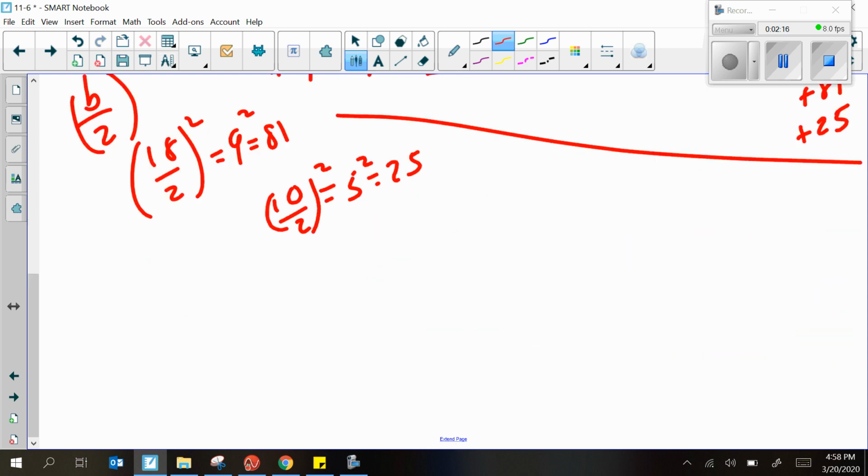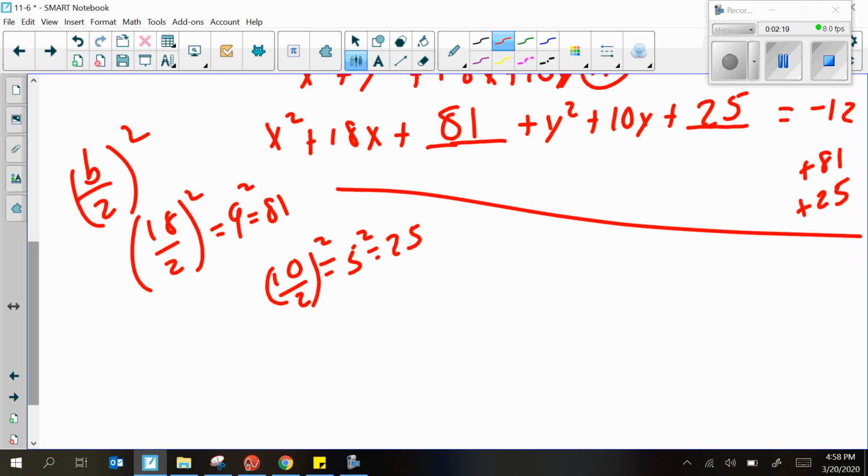So let's see what we have now. We have negative 12 plus 81 plus 25. So we have 95 equals. And now I'm going to factor. So it's going to be x plus something squared. What is that something? Oh, I look back right here.